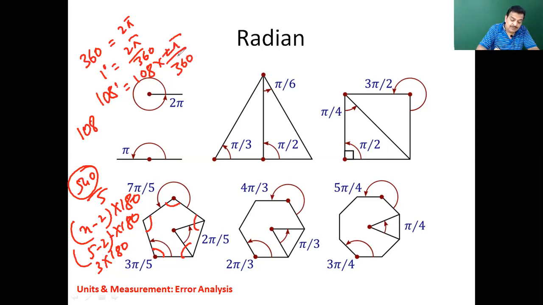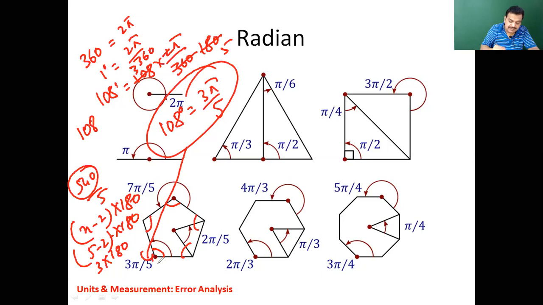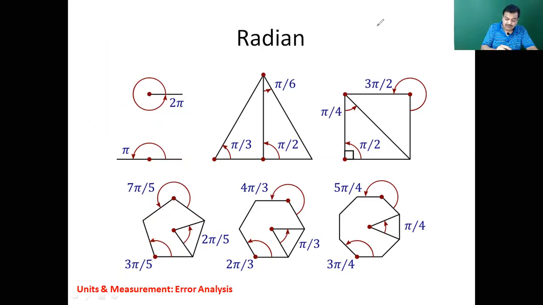Now cancel 2 from 180, and how much do you have to find? Cancel 36, 5 times 36, 3 times 36. So 108 degrees is equal to 3 pi by 5, and this is what they have written here. So you can calculate all these angles.